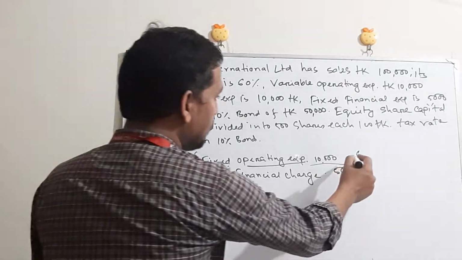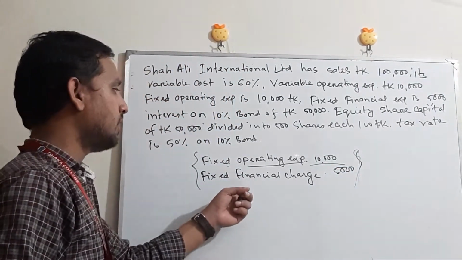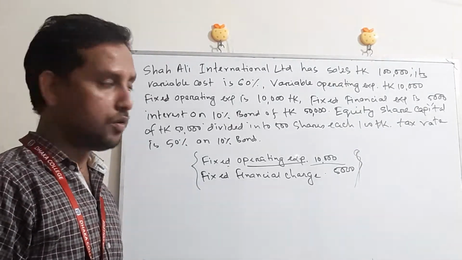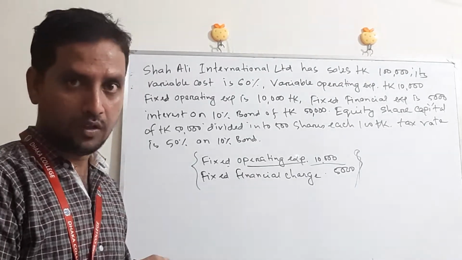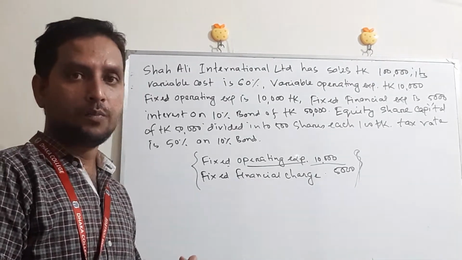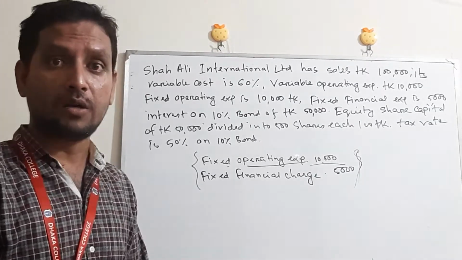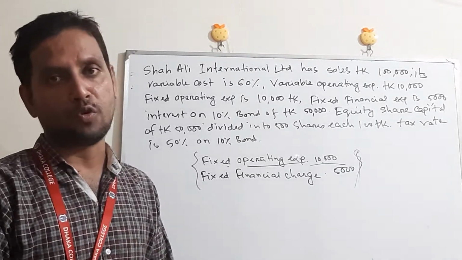So one is operating leverage and the second one is financial leverage. If it is favorable and sales become double, then EPS will increase at a more proportion.